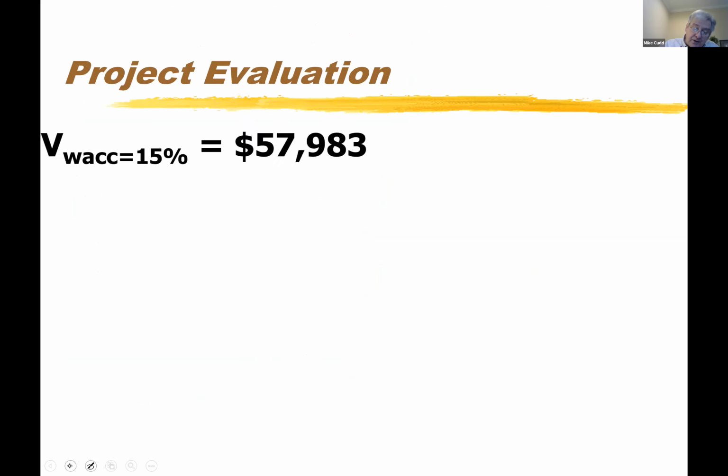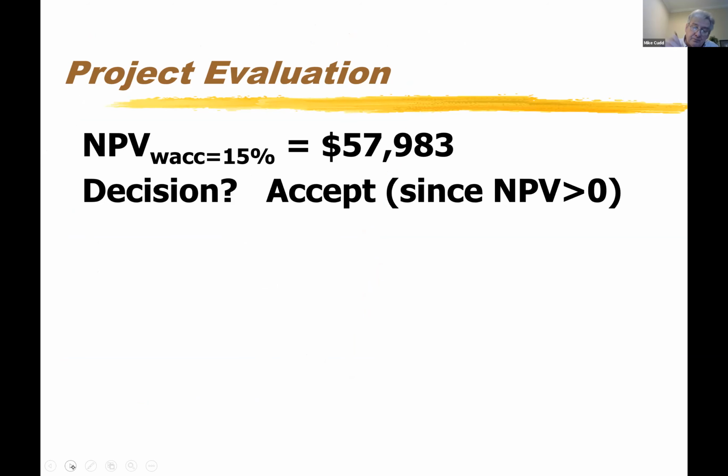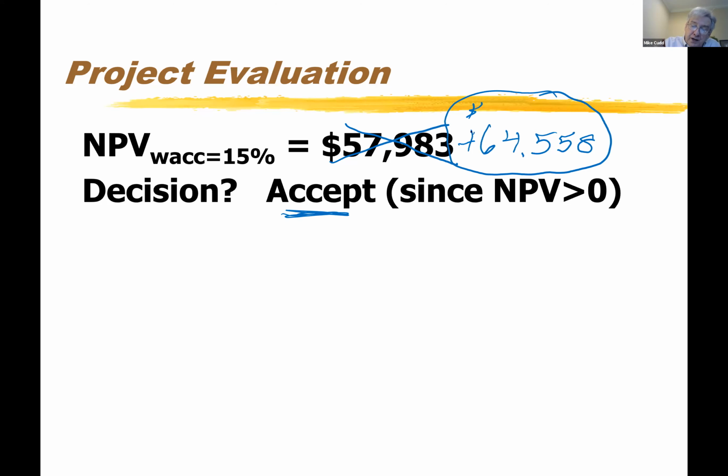So we could calculate the NPV and the IRR, and the NPV would actually be positive 64,558. So what would our decision be? We'd accept the project because the NPV is positive. This is what we think the project would do to collective shareholder wealth. It would raise it.